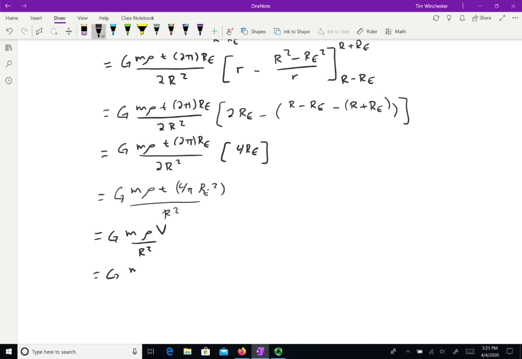So G m times the mass of the shell over R squared, which is exactly what we would expect from Newton's law of universal gravitation. We can treat that spherical shell as though it were a point mass concentrated at the center of that shell. Okay, so there are a lot of things to take away from this, but I will save that for another video.